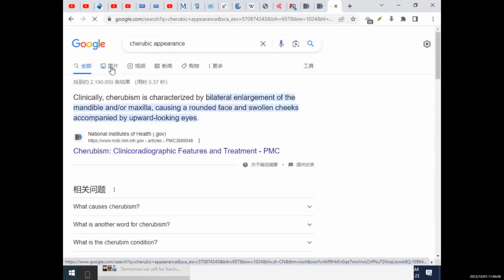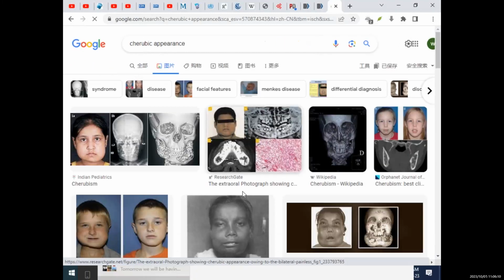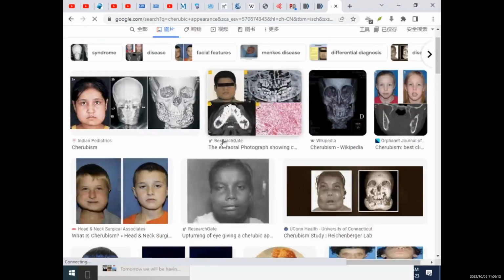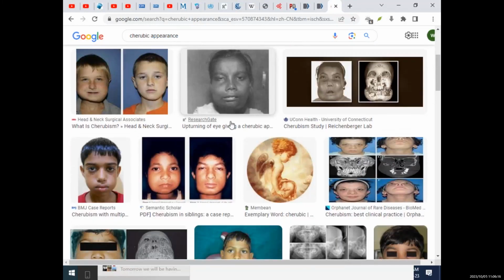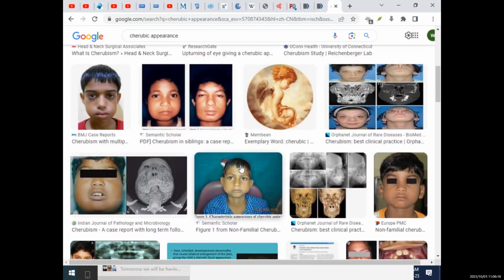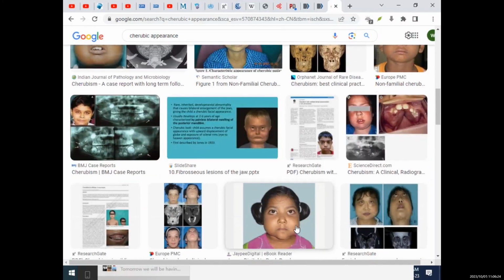Okay. All right. So let's see, basically chubby, how they are all looking. Does it help us? So it's basically like a swelling of the posterior mandible.